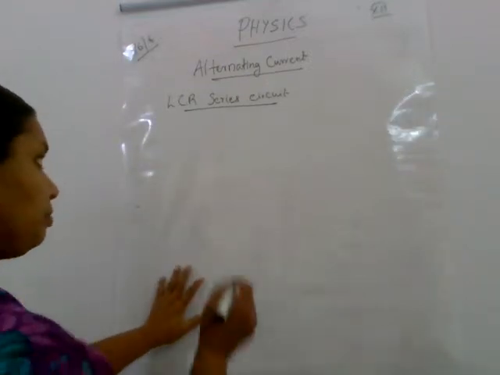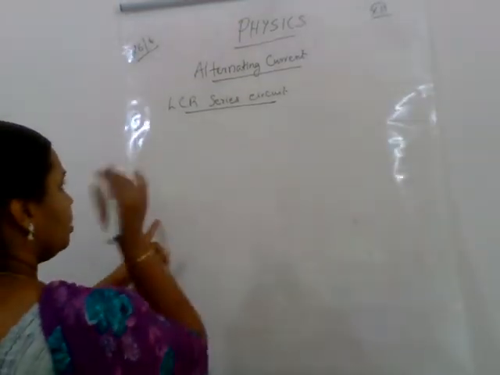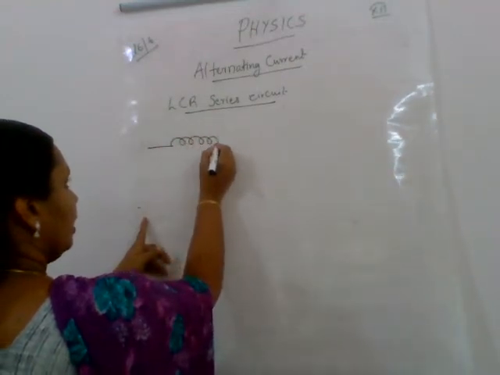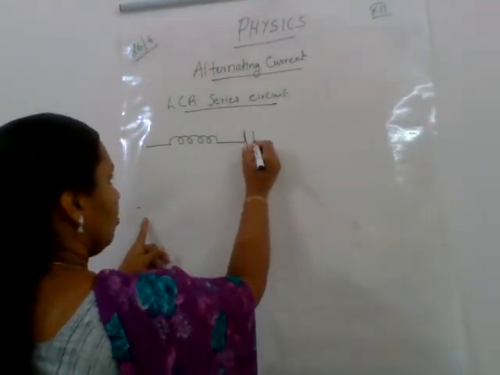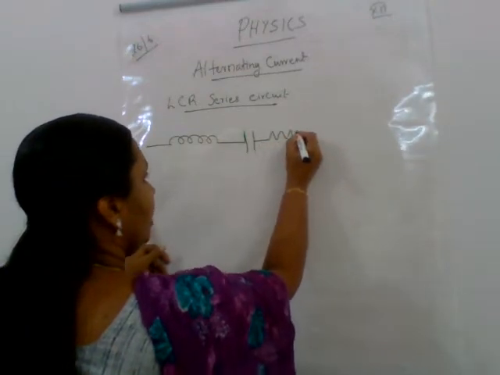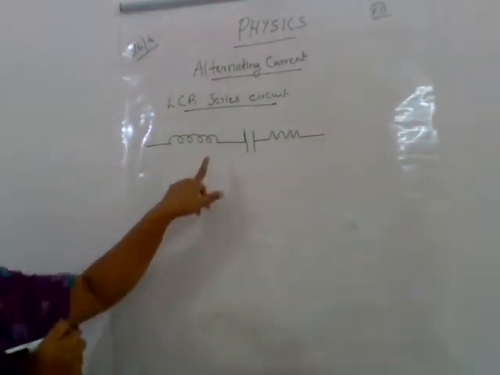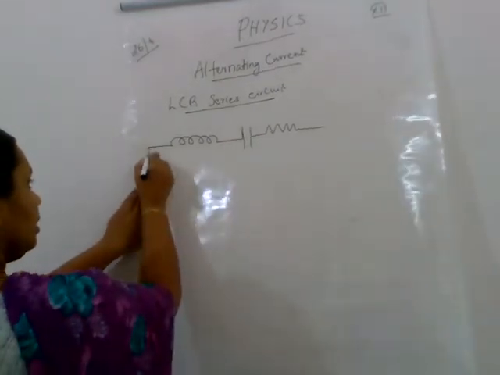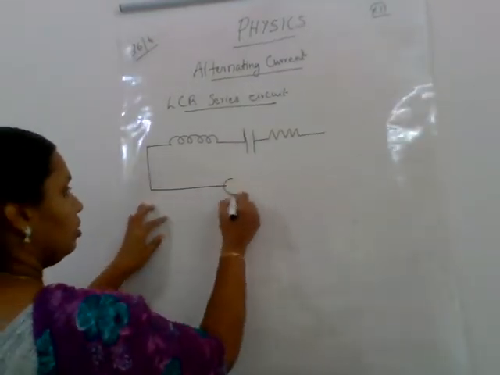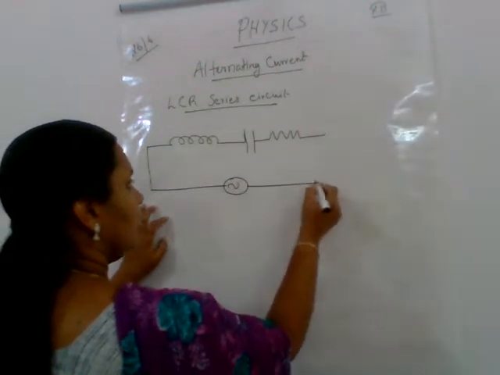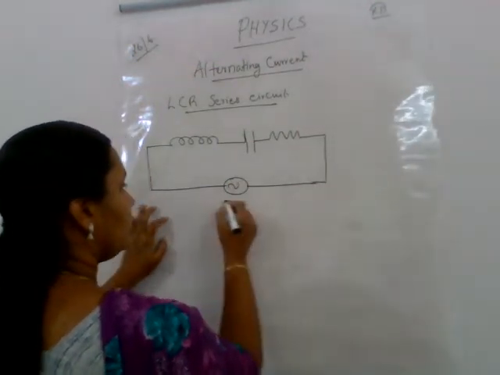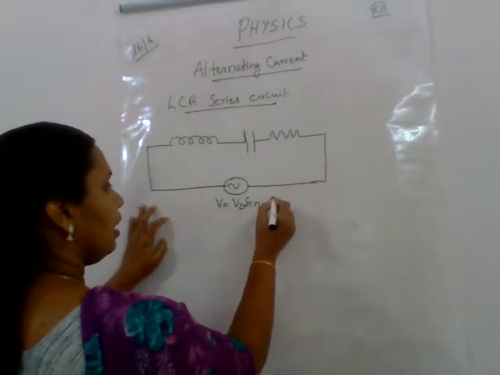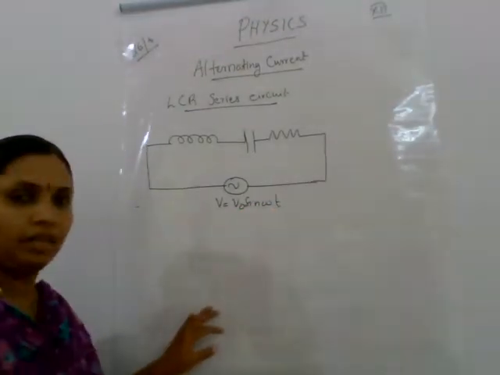So first let us see the circuit. It is an LCR circuit. It consists of an inductor, a capacitor and a resistor, connected in series across a source of alternating voltage V equal to V0 sin omega t.